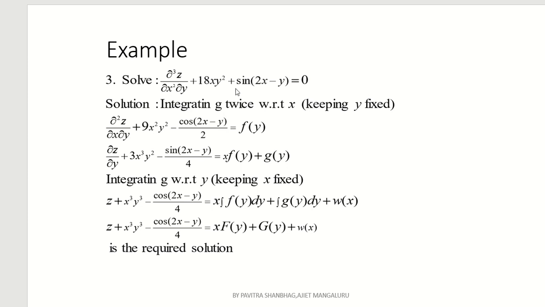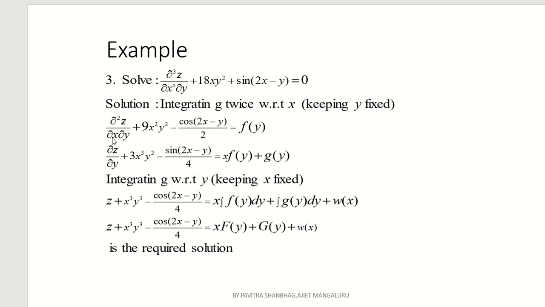Now integration of sine of a function means minus cos of the function: minus cos(2x − y) divided by, with respect to x, the coefficient of x is here 2, so that is 2. Equal to what we have to write? Since we are integrating with respect to x, here we have to add the constant of integration in terms of f(y).